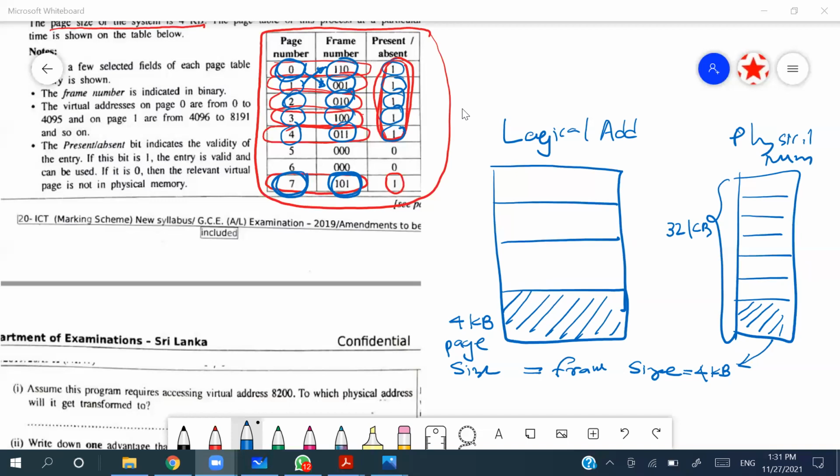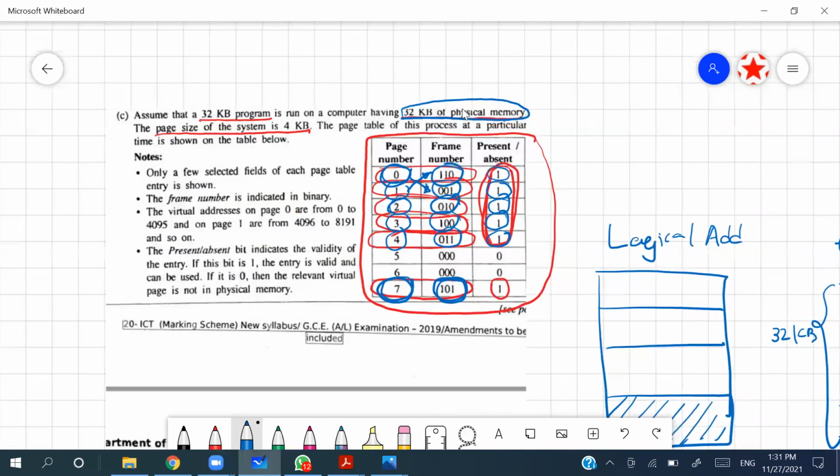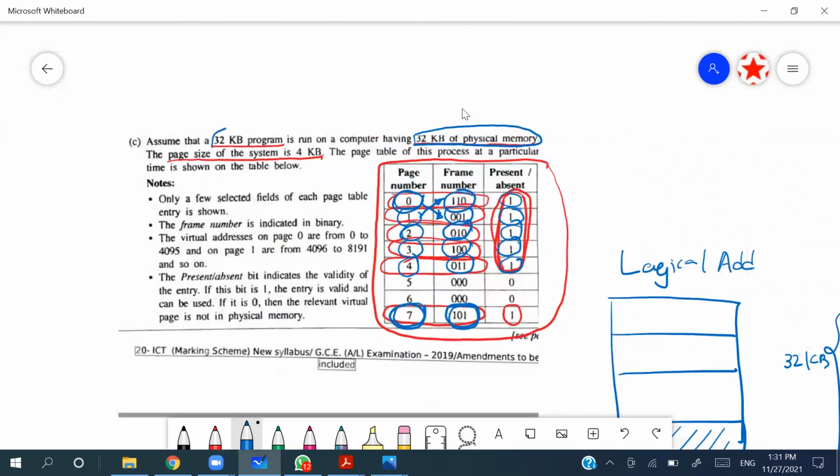Now there is another clue: how big the program is. The program is 32 kilobytes big. So if the program is 32 kilobytes big, that means the logical address space, or the logical memory regarding this program, is also 32 kilobytes big.